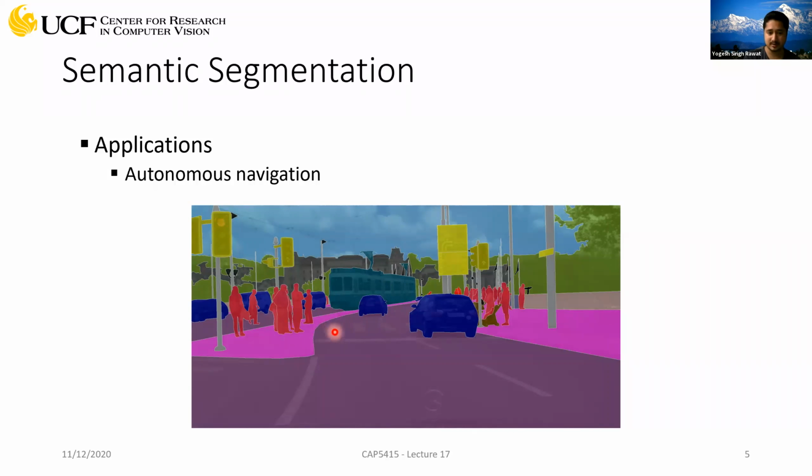So if you can do that, then the algorithm running that car knows which object categories are present and where exactly they are present. Of course, you can also use some kind of object detection, but semantic segmentation is more precise. And in the case of self-driving, I think that's very useful.